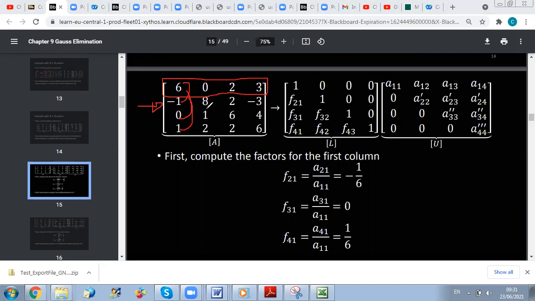In the second step, 8 is already the highest element, so we don't need to do pivoting, because 8 is larger than 1 and 2. So we can say that F32 is 1 over 8 and F42 is 2 over 8.